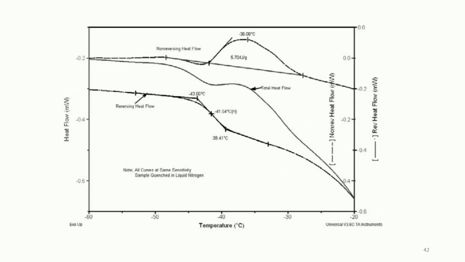This peak shows a maximum at about minus 36 degrees Celsius and a heat of crystallization of 5.7 joule per gram.